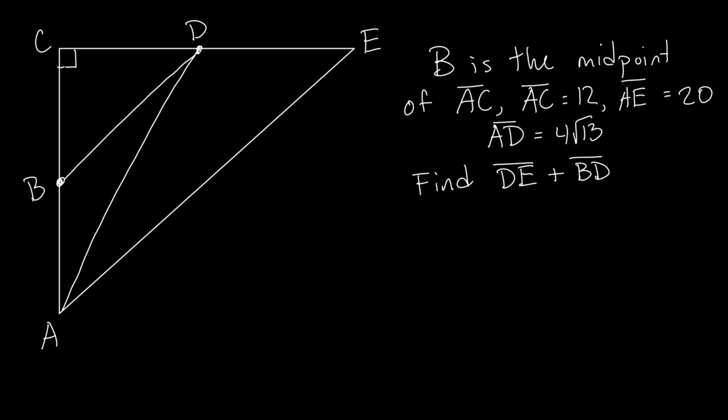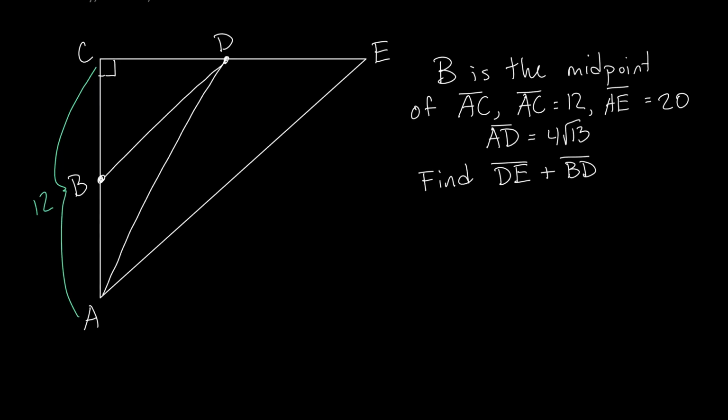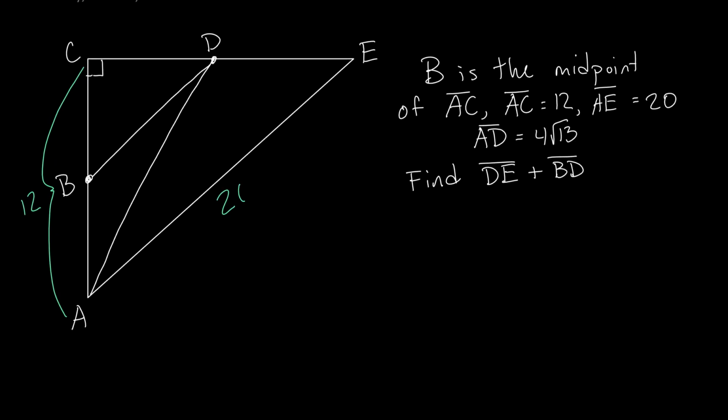Good. Now, it tells us AC is 12 units long. And it tells us AE is 20. And it tells us AD is 4 square root 13. And we're trying to find DE plus BD.